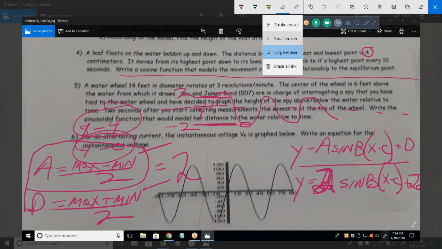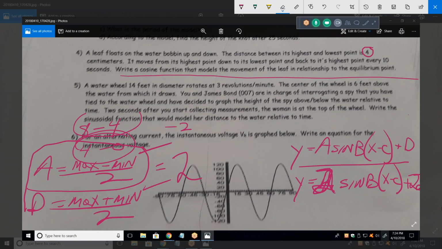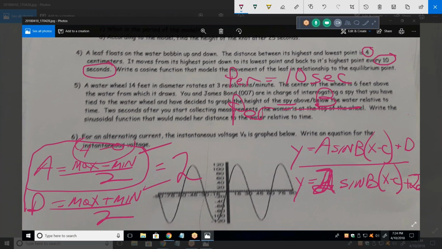Now, we're not even close to done yet. We'll check it after we're done and make sure that it makes sense. Now, here's the next key piece of information. It moves from its highest point down to its lowest point and back to its highest point every 10 seconds. Tell me what its period is. 10 seconds. Well, what do we know? We know the period is equal to 2 pi divided by b.